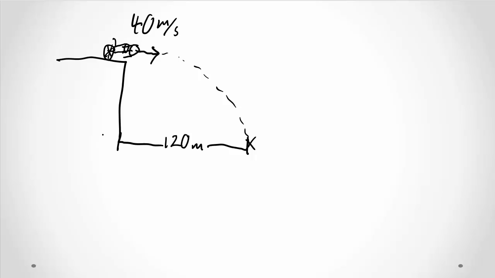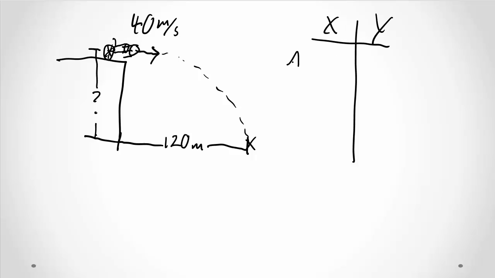And now we are going to find how tall was that cliff. Actually, it's not the cliff exactly, but where the cannon is, what was the height that the ball was shot from, right? Okay, so we start with our wonderful table of vertical and horizontal information.